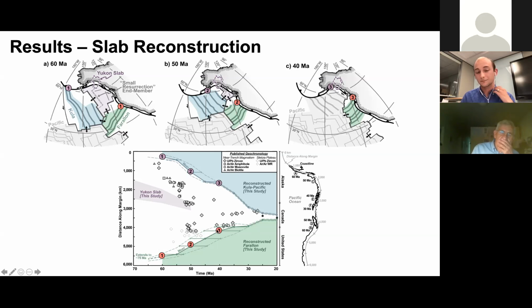So now I'll just finish out plotting all those intersection points, and all those intersection points are actually what bound these colored blue and green areas on the plot down below. And also we've plotted the intersection points of the Yukon slab in purple here. What we can see broadly is that the amount of oceanic lithosphere that we can reconstruct with mantle tomography isn't all-encompassing, right?